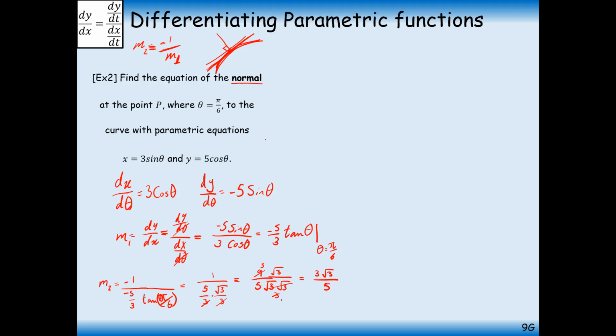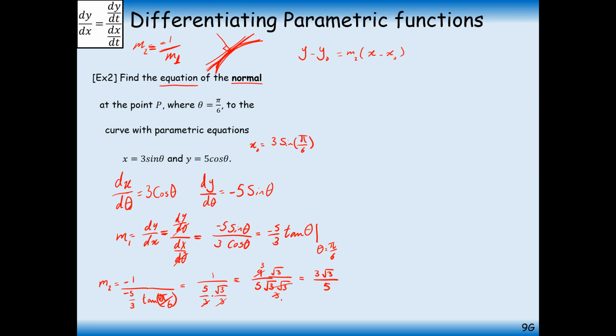But we were asked to calculate the actual equation of the normal. So we need to calculate what x and y are, and use them in this expression where we found m2. To calculate the value of x naught, all we have to do is say what is 3 times sine of pi over 6.